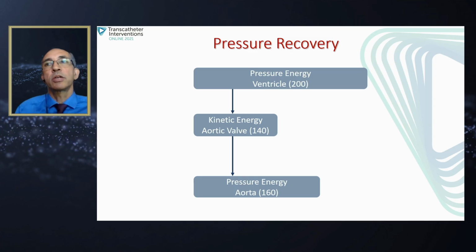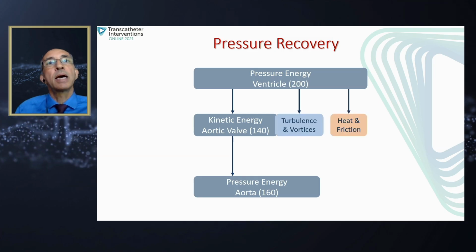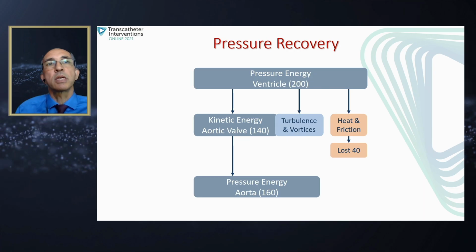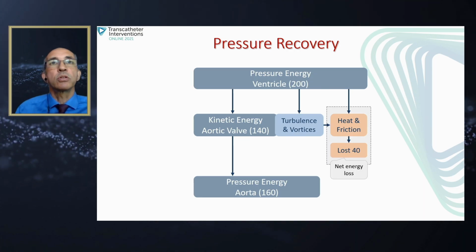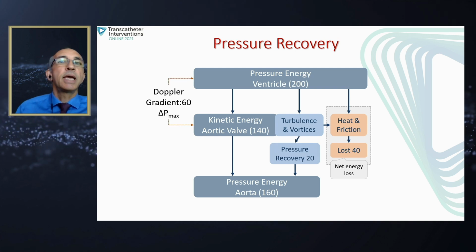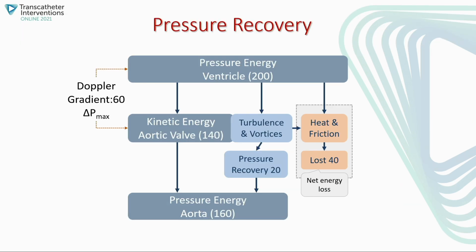So this is a case that illustrates this concept, where you see you have a pressure in the left ventricle of 200, and then there is a gradient measured by Doppler of 60. So this is the pressure loss between the left ventricle and the vena contracta, so immediately after the valve. But then there is some pressure recovery of about 20 millimeters of mercury.